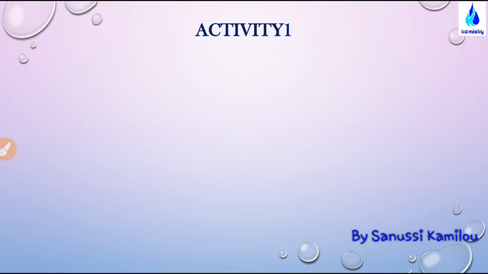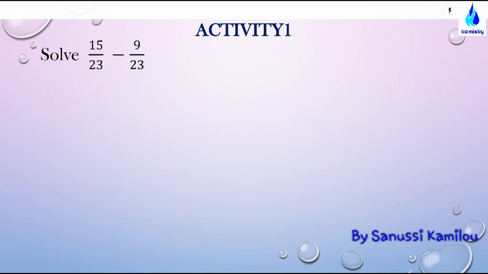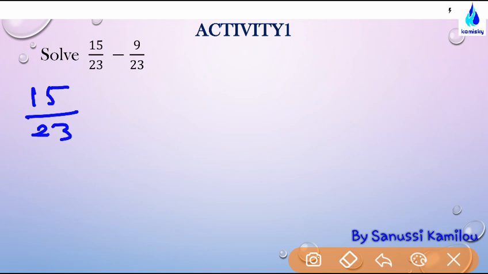Activity number 1. Activity number 1 is saying that we should solve 15 out of 23 minus 9 out of 23. Let's look at this quickly. 15 out of 23 minus 9 out of 23.